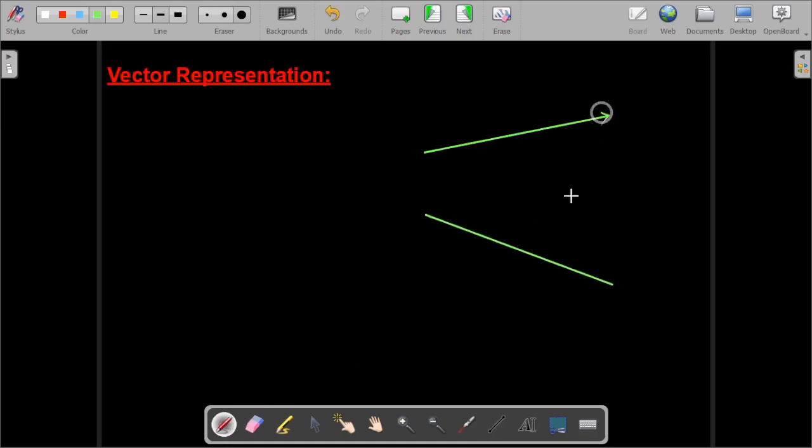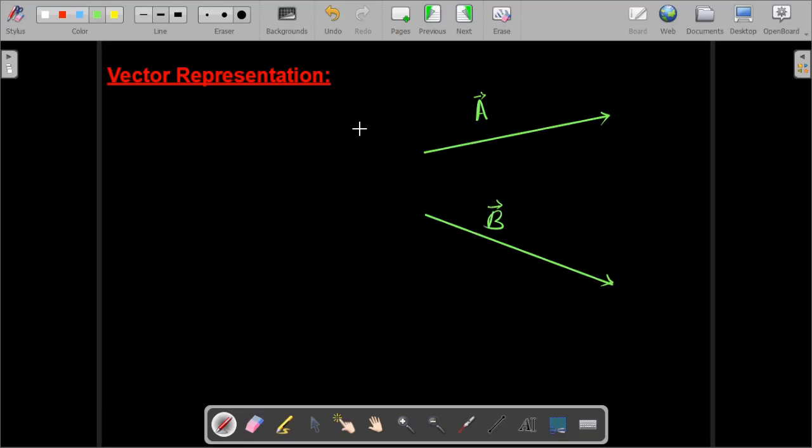So we denote that vector by a letter. If we want to denote the vectors by letters, we have to put arrow sign on the letters also.